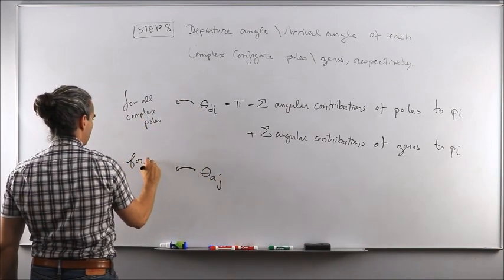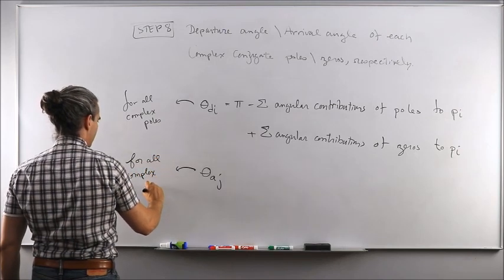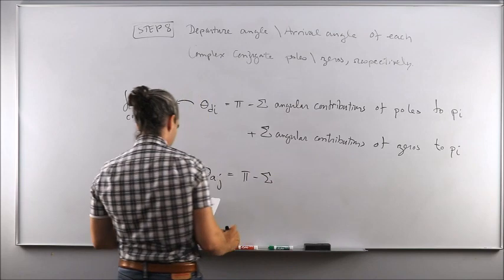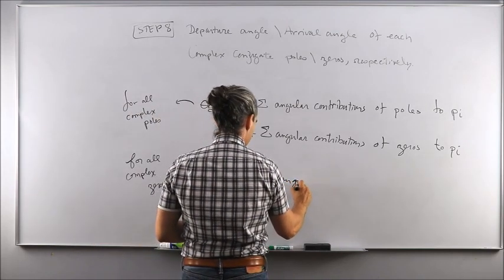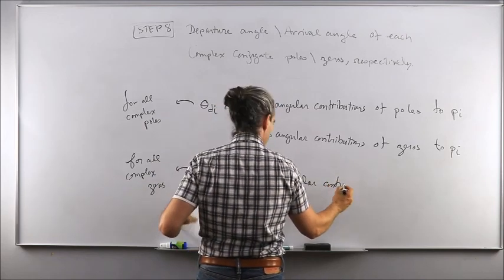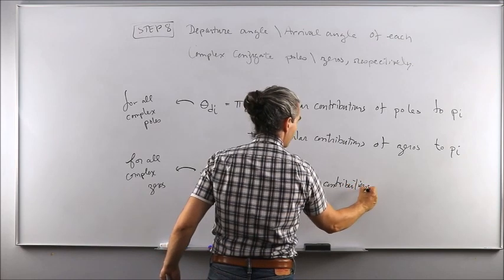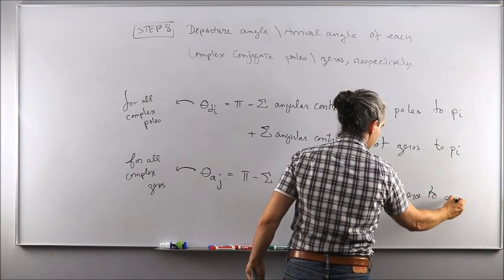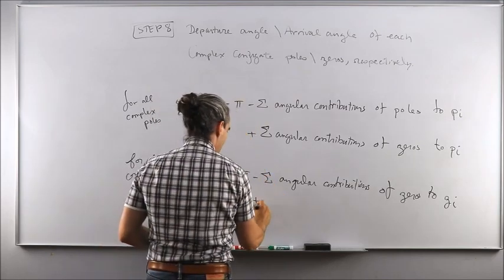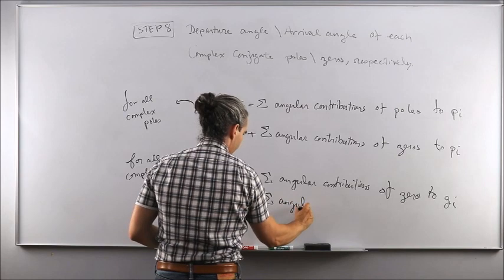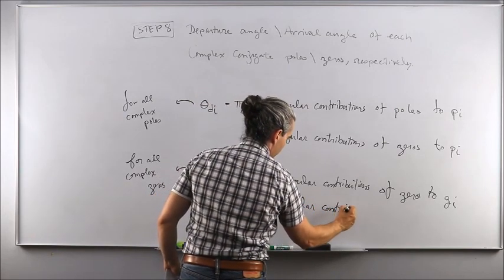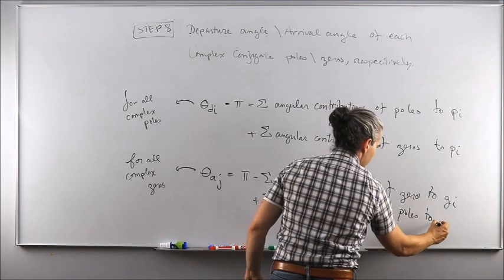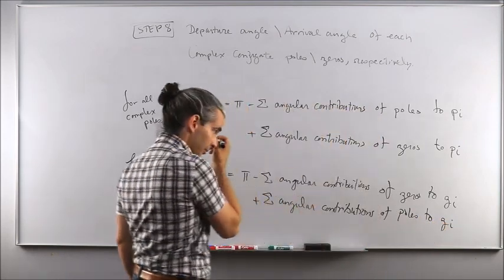I'm going to say for all complex zeros, you need to do that calculation, which is going to be pi minus the contribution of all the other zeros onto this specific one, but then add all the angular contribution of all the poles with respect to that specific zero that you are doing this calculation for.